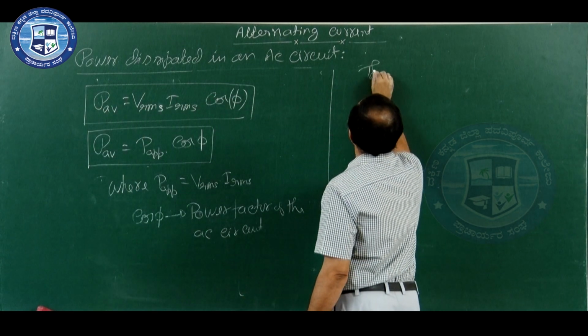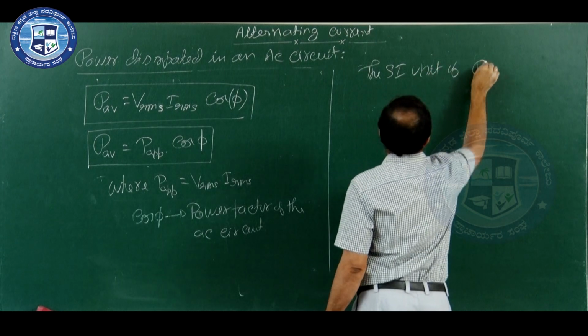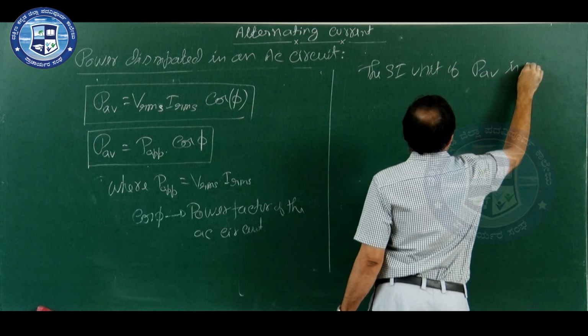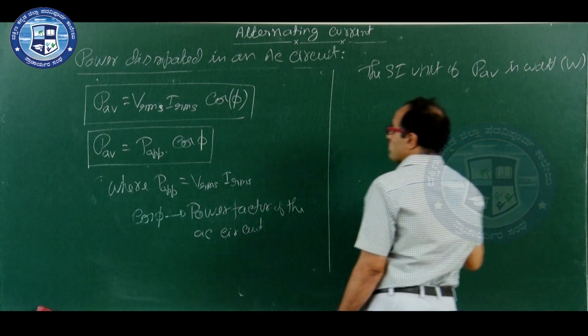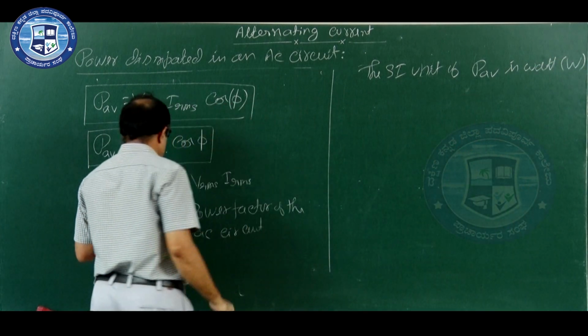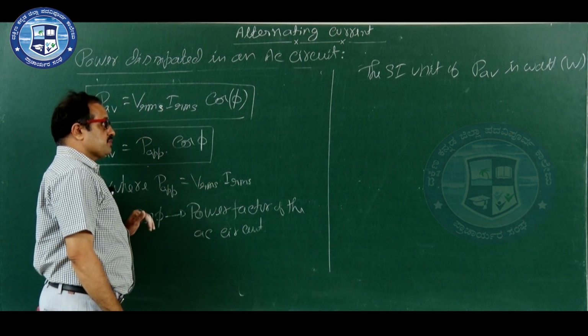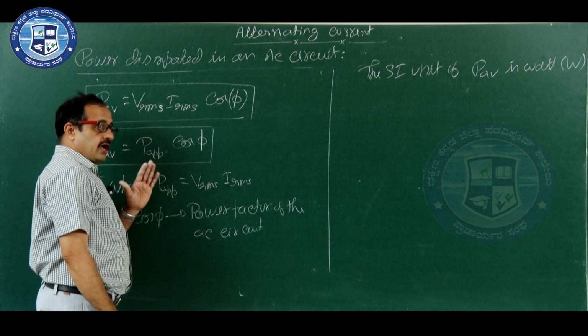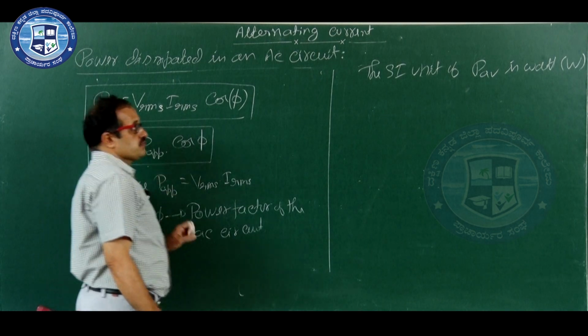So, the SI unit of P average is watt, that already you know. And here you have one more term, P apparent, it is V RMS into I RMS, but it is not the actual power, therefore, do not express this one in watt.